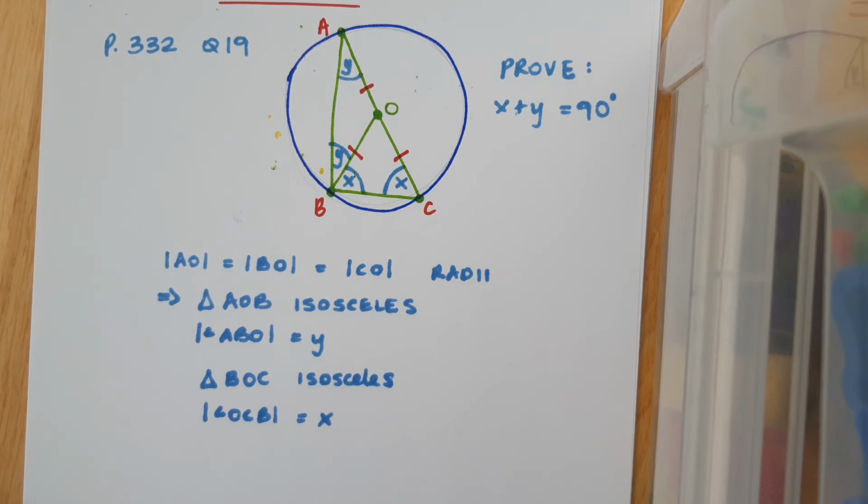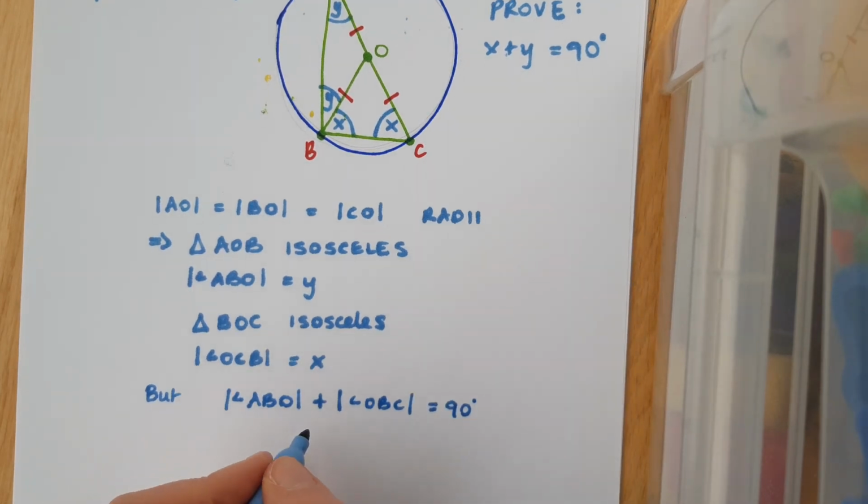So I'm going to be able to say, well, okay, oops, wrong marker. But the angle ABO plus the angle OBC equals 90.